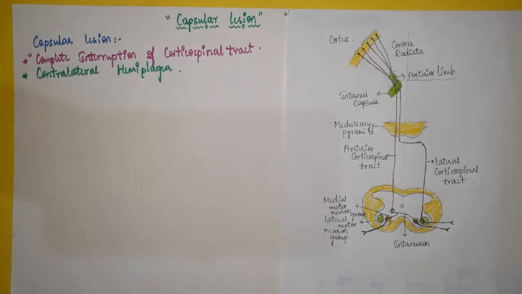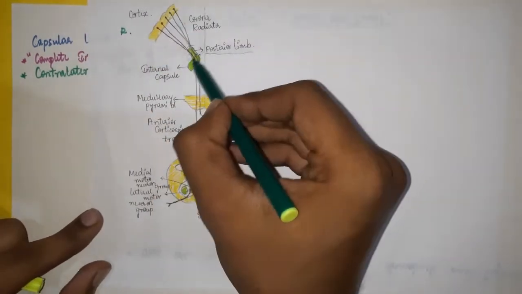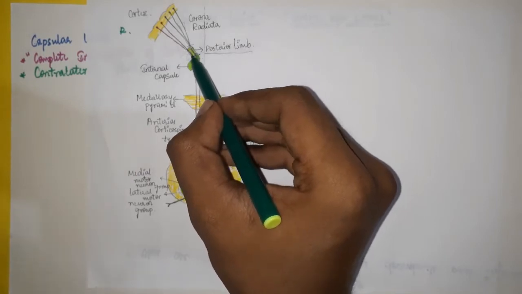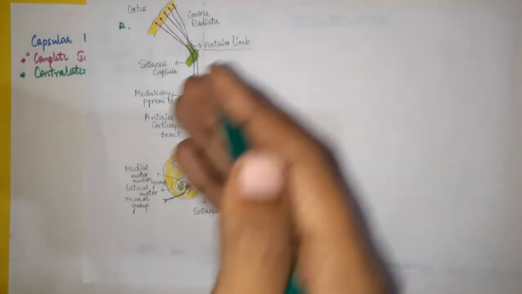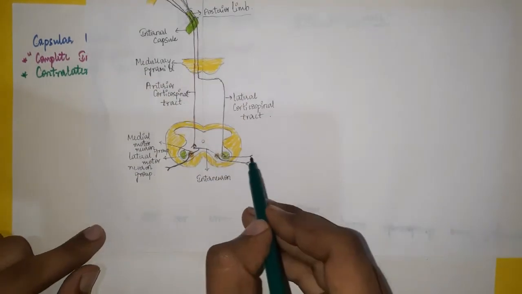Hemi means half. Contralateral means opposite side. Simple. This results in paralysis of muscles on the opposite side of the body. Say this is right side. If this internal capsule is damaged, which results in damage to the right side of the corticospinal tract, it will result in contralateral paralysis of this muscle.